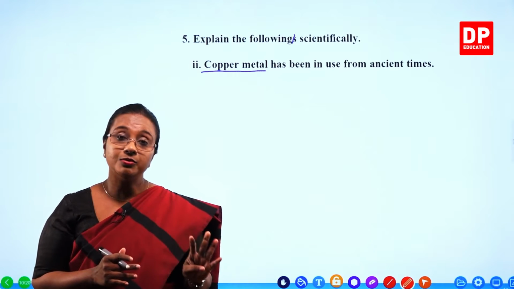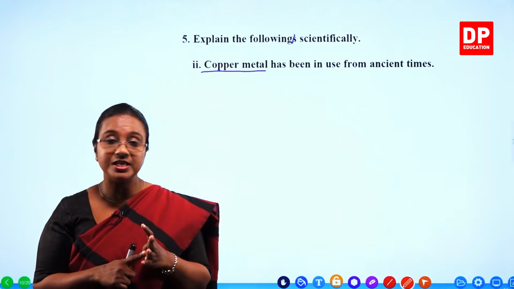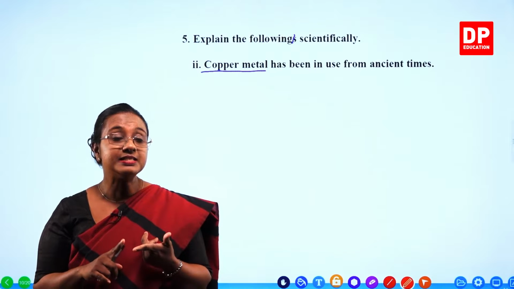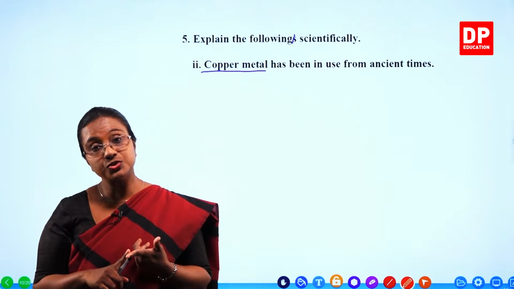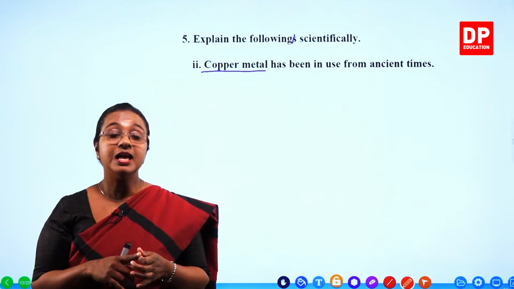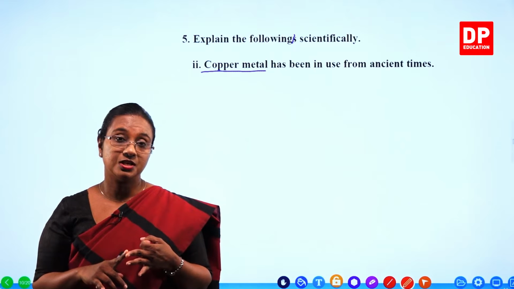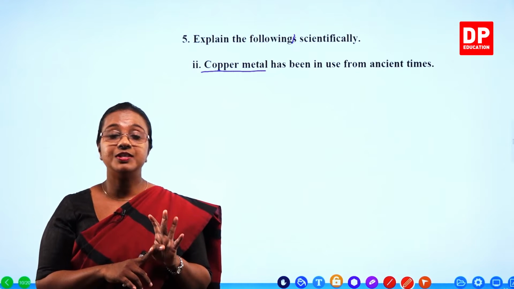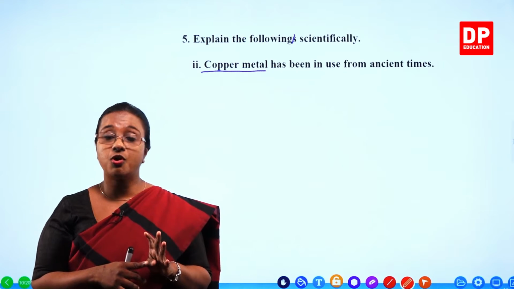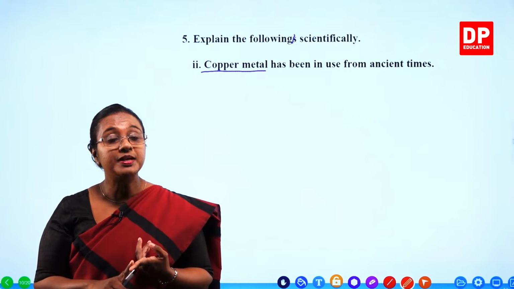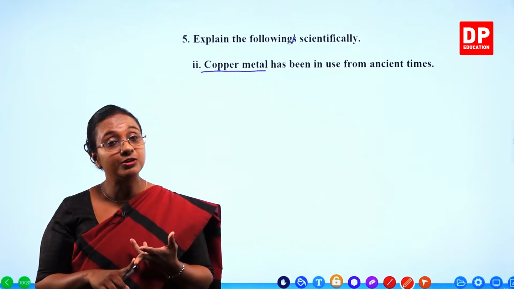So one thing, the copper compounds are present as ores in nature, and you can easily separate out copper, or you can extract copper from the ores using a reducing agent. Once you get the copper metal, now we saw the reactions. Copper doesn't react easily with oxygen. You have to heat it for a long time, and it has to be strong heating. And also copper doesn't react with water. Copper doesn't react with dilute acids.